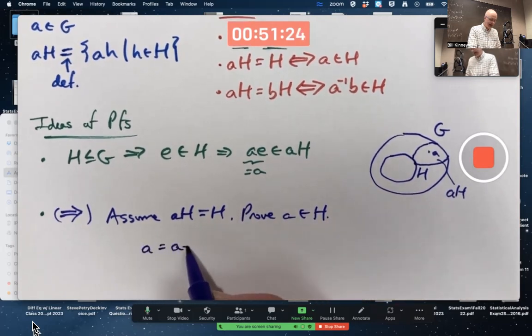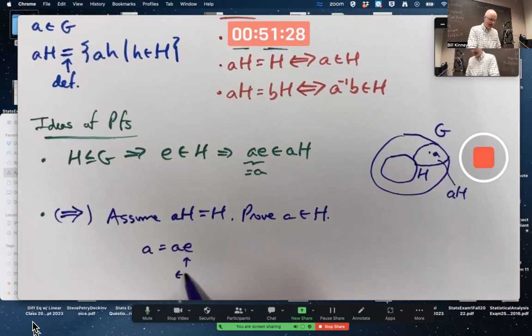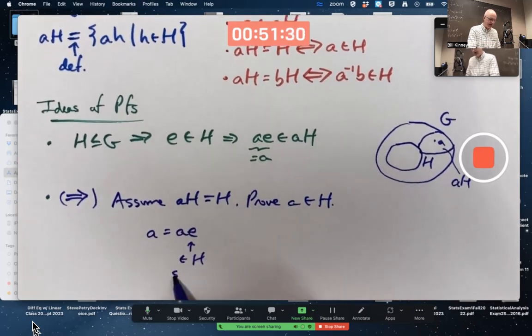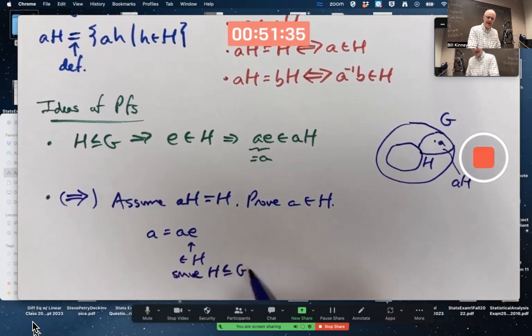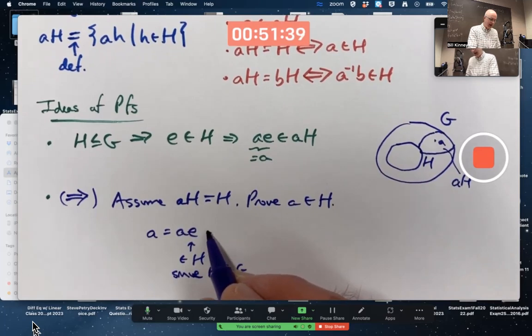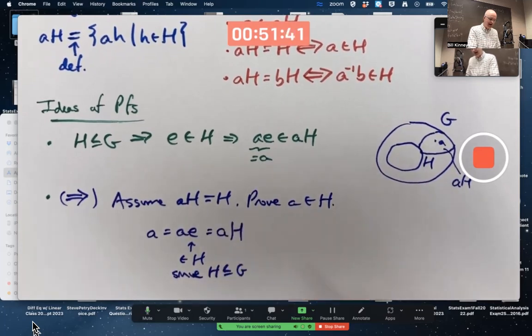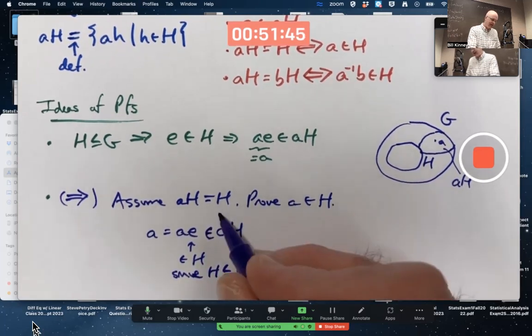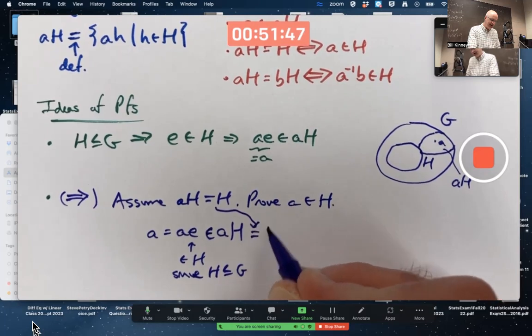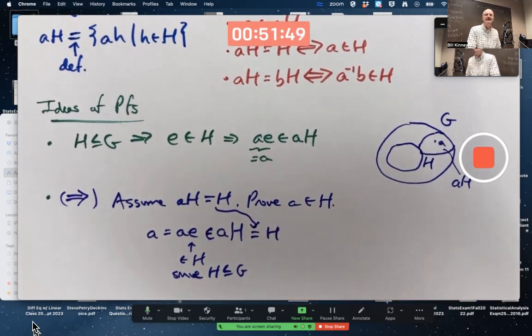A equals A times E. And E is an element of H since H is a subgroup of G. And by definition of AH, that's got to be an element of AH. But I'm assuming AH equals H. Done. That does it, right?